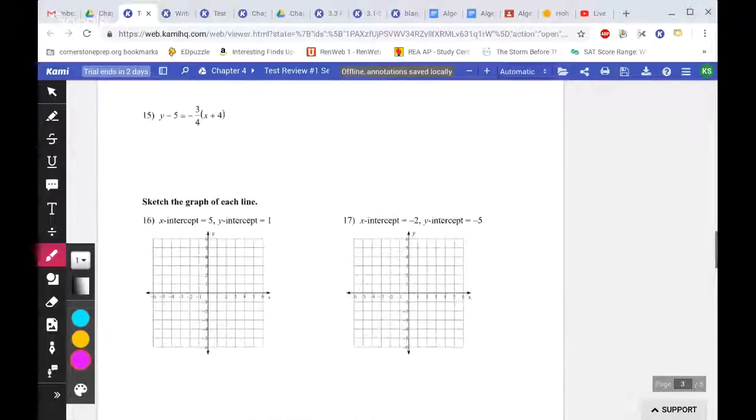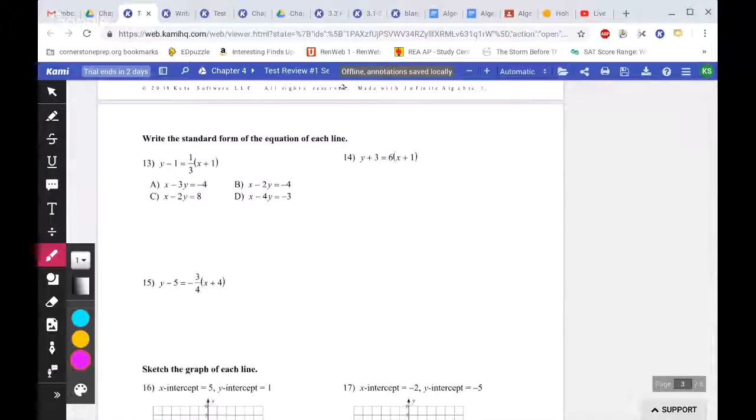Number 14 and 15. What do we have? Oh, standard form. Yay. Okay, so standard form, we're going to distribute. We haven't done any of this. We will on the study guide too. We're going to distribute our 6 throughout all of the parentheses. And then we're going to combine our constants.